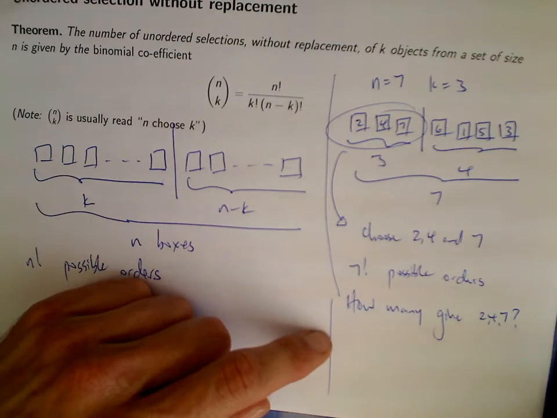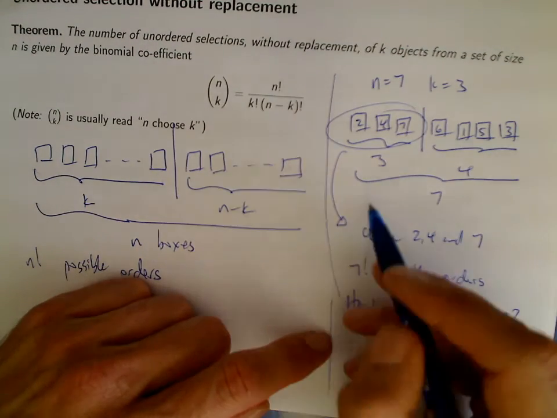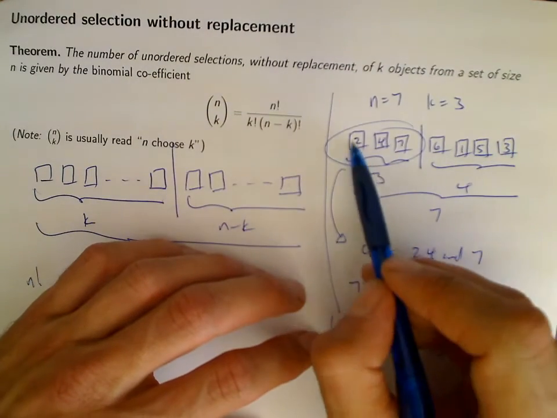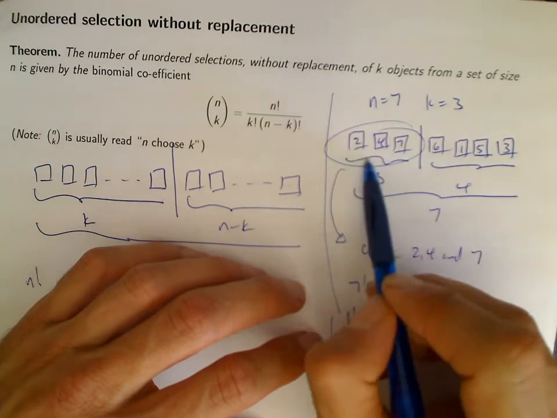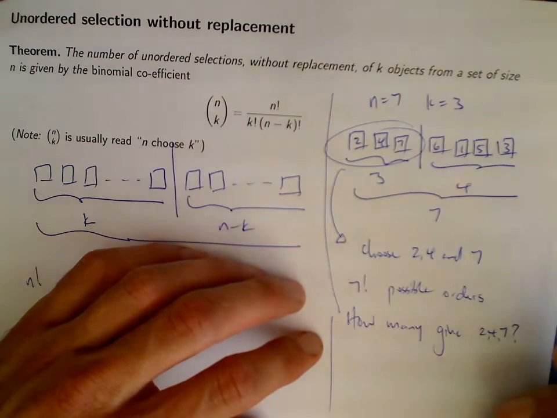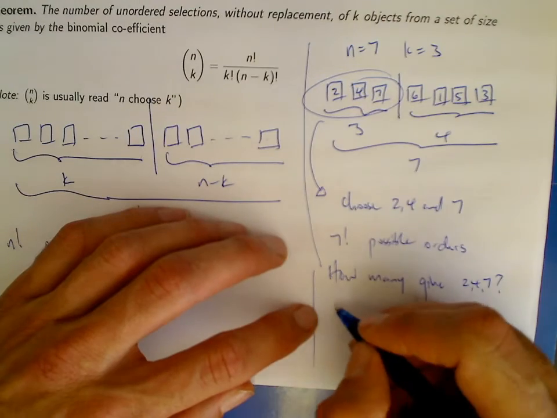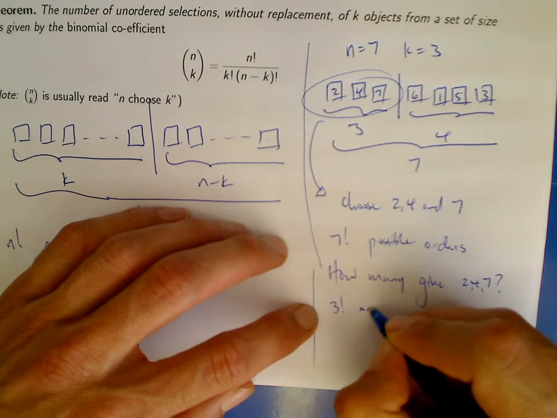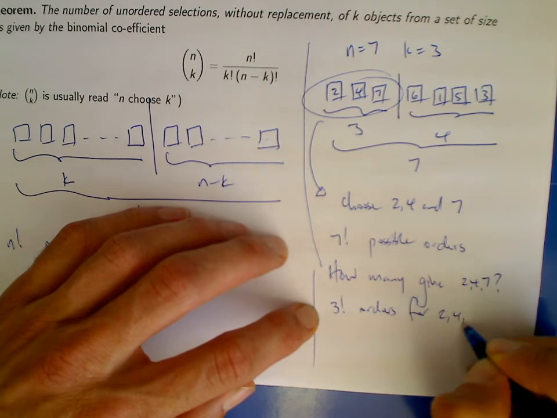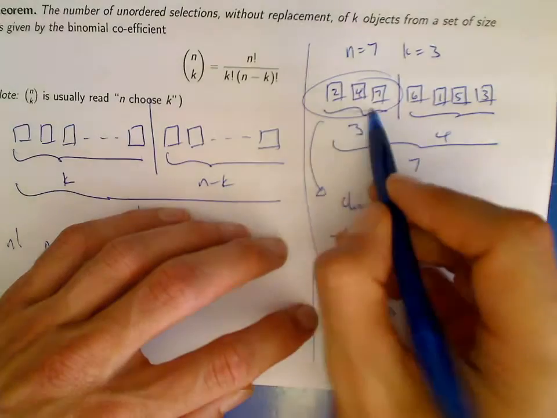How many ways can I get 2, 4, 7? Well, the process here: first I need to write 2, 4, and 7 in these 3 boxes in some order, and there's 3 factorial orders for 2, 4, and 7 in those first boxes.